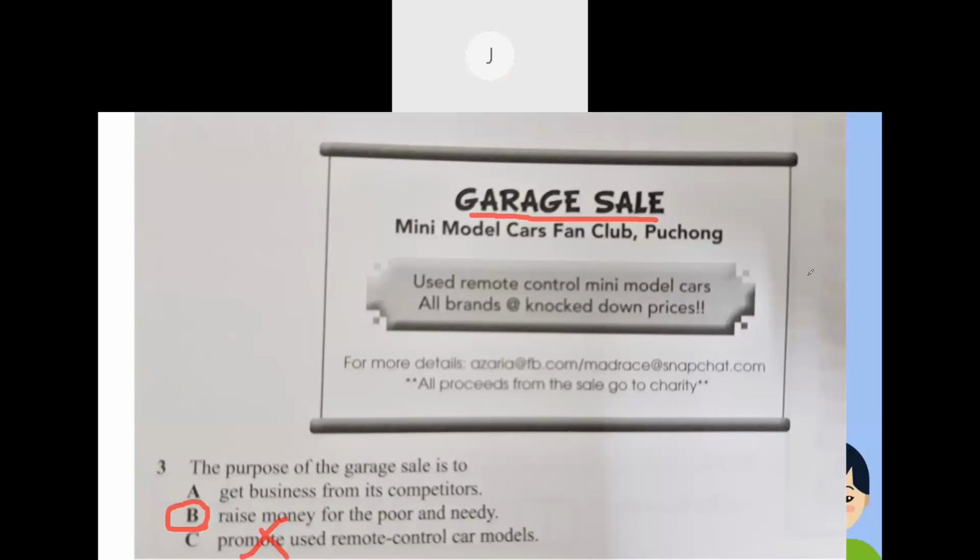It's usually in the West. Sometimes you have a lot of things, let's say a lot of clothes. But where do you sell them? You use your house compound or sometimes a garage to sell things. And in this garage, they are selling the used remote control mini models.